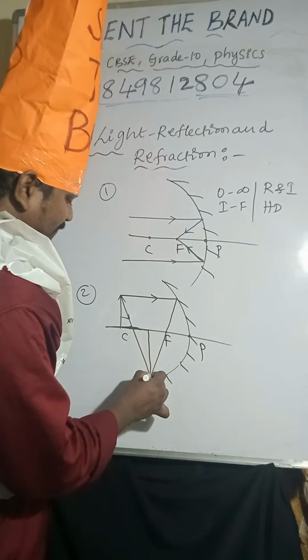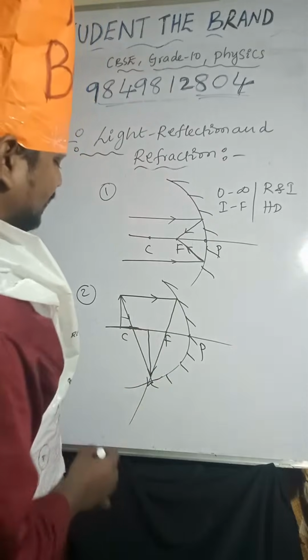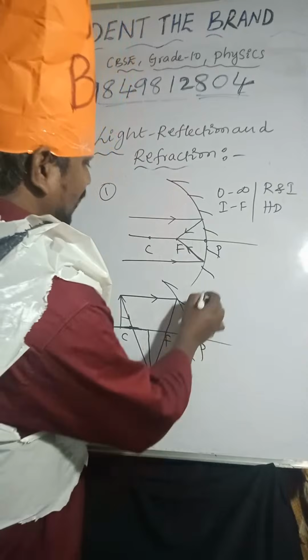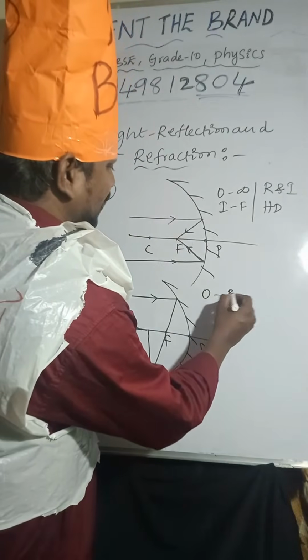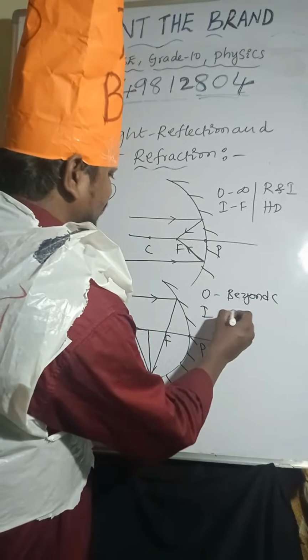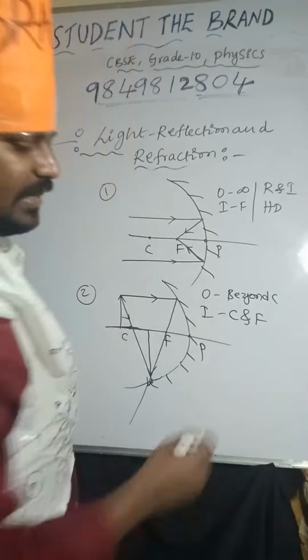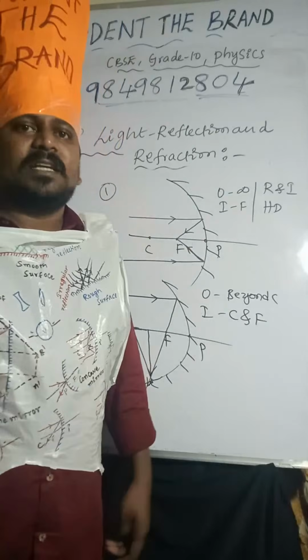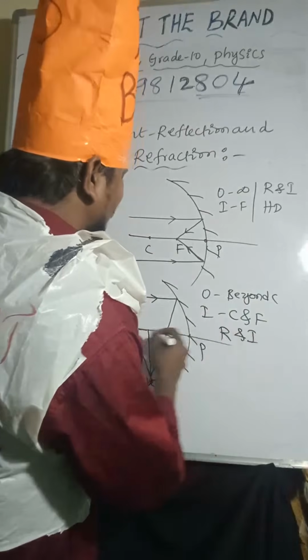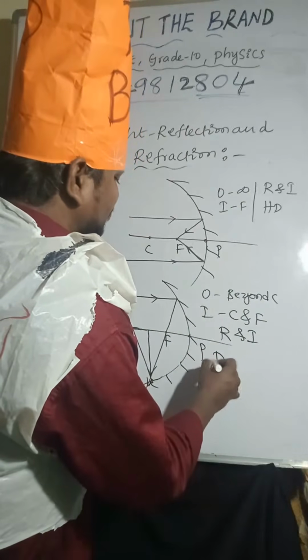So in between C and F. Object is placed beyond center of curvature, image is formed between C and F. Nature of the image is real and inverted. Size of the image is diminished.